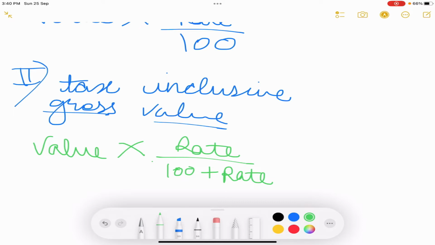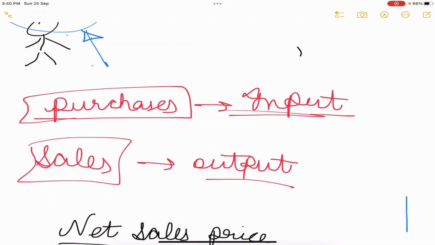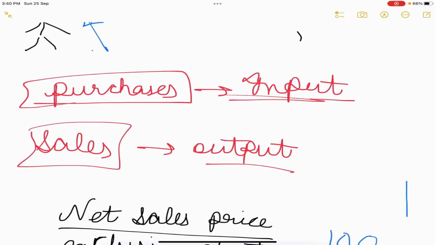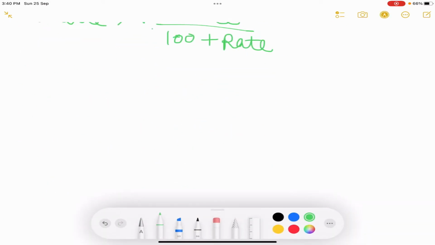Okay, now let's come back to this. We saw what it is, right? Whenever you purchase a good, you pay input tax on it. Whenever you sell a good, you pay an output tax. So what is the amount which you have to pay to the government? Let's talk about that now.